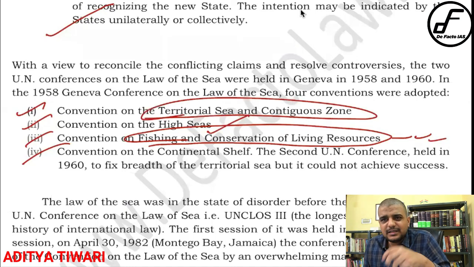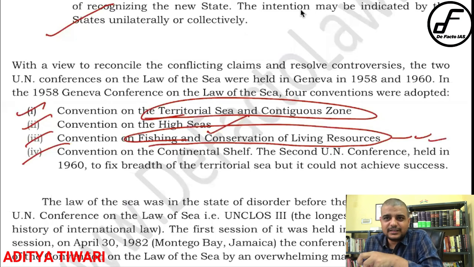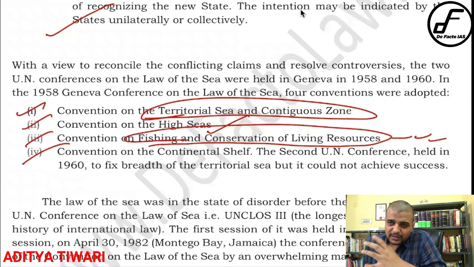Sometimes in the high sea there is a philosophical type of question as well, like: the high sea is a lawless region, and UNCLOS governs it. You have to write how the high sea is the most important part of international trade. As a UPSC aspirant you must have studied that 98% of trade by volume all over the world passes through the high sea.